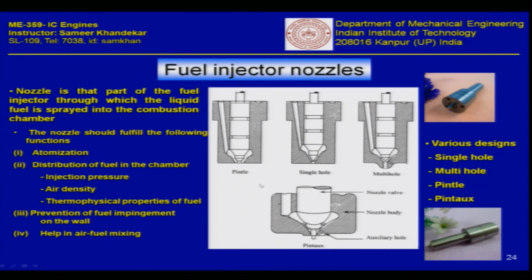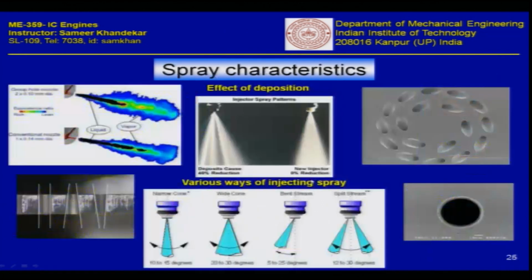So, the efficiency of the engine at the end, even if your fuel system is good, your fuel is good, your fuel pump is good, your filters are perfect, but at the end this particular small hole which actually sprays the fuel at particular characteristics inside the engine is the key to proper combustion and efficiency of a diesel engine.